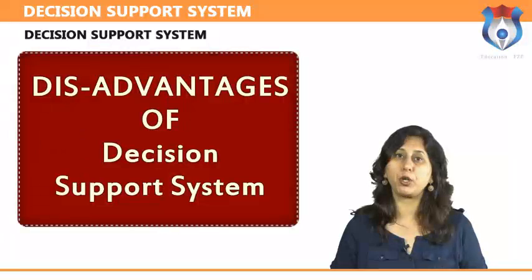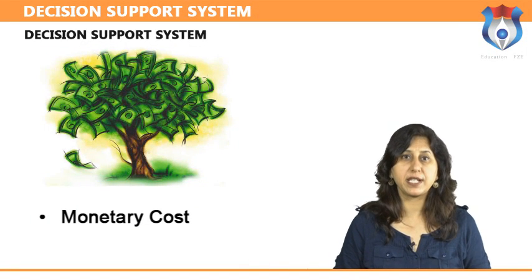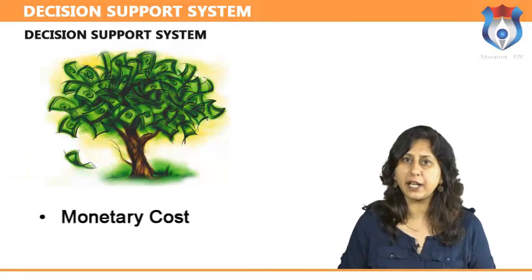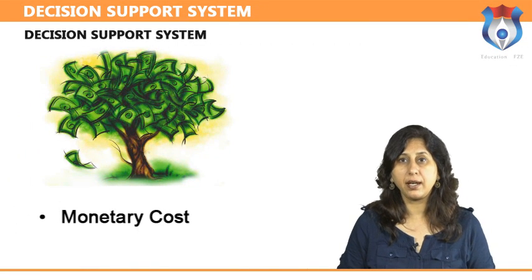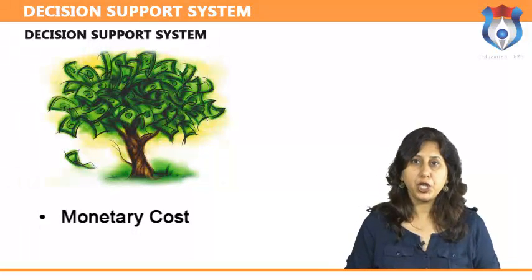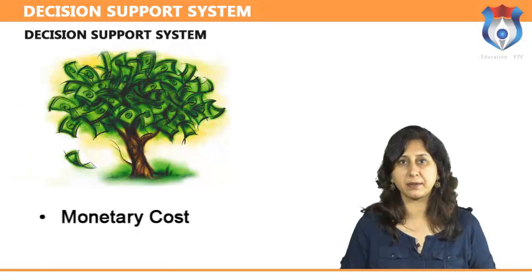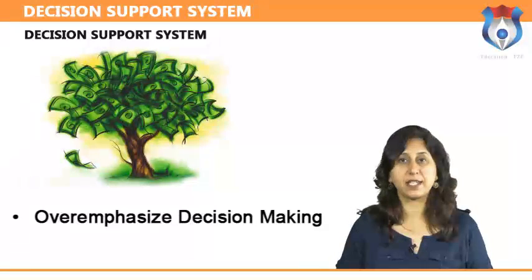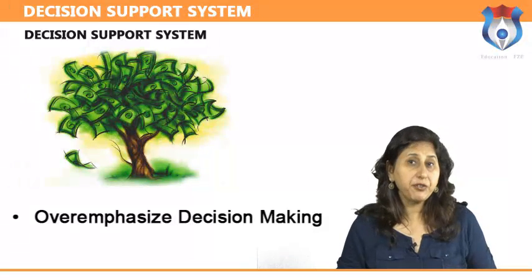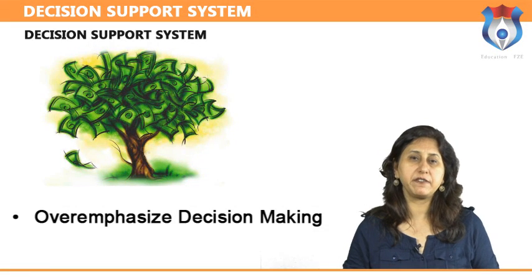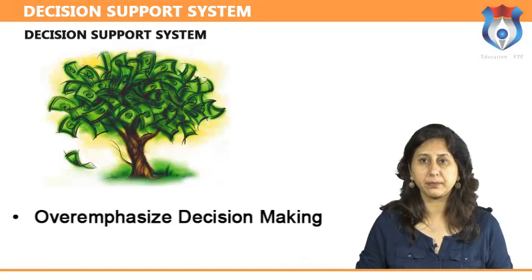Disadvantages of decision support system. Monetary cost. Some analysis for decision support system needs the advance of data analysis, statistics, econometrics, and information system, so it is a high cost to hire the specialist to set up the system. Overemphasize decision making. Implementing decision support system may reinforce the rational perspective and overemphasize decision processes and decision making.